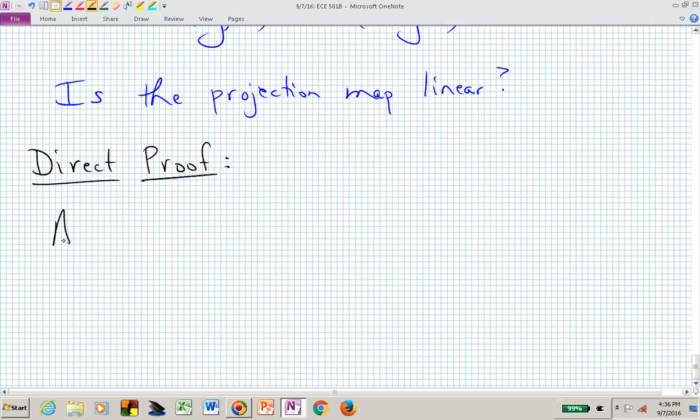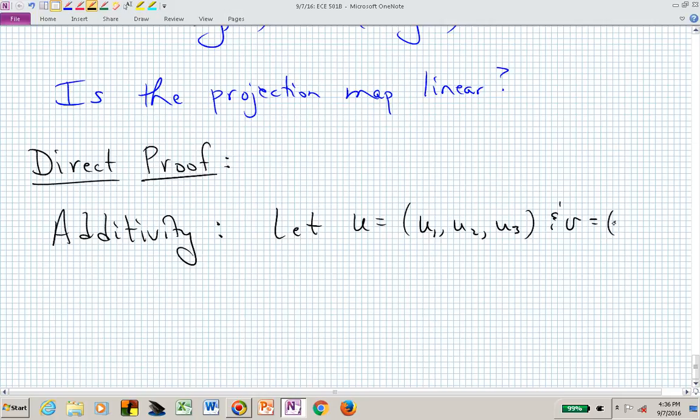In this case, if we look at additivity, what are we letting? Well, let's go ahead and look at two vectors. Let's pick u, and now I am using one of the notations. I'm letting the three coordinates be the subscripts u1, u2, u3, and let's say v is v1, v2, v3.